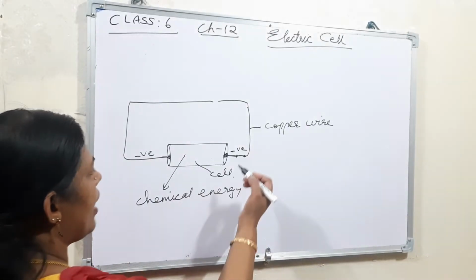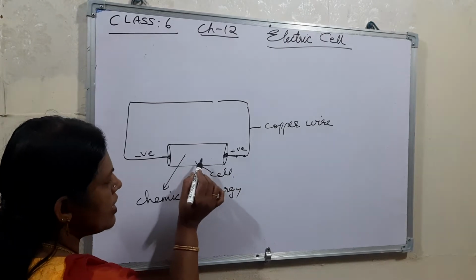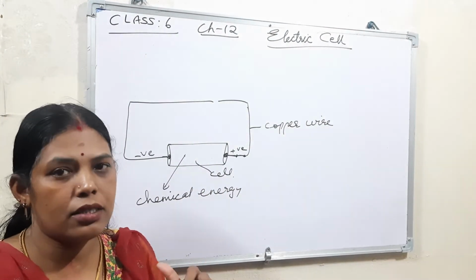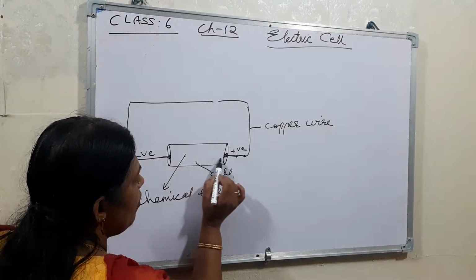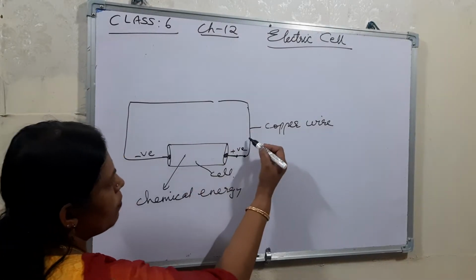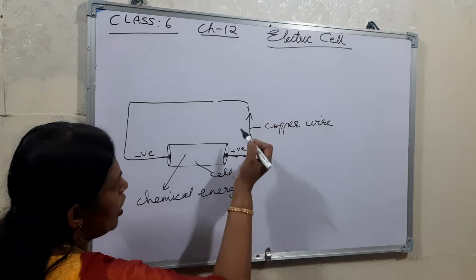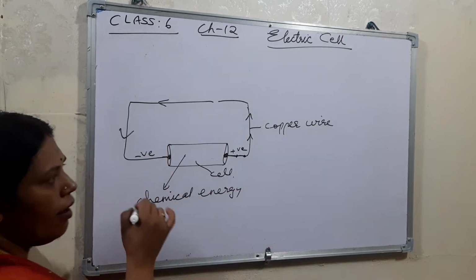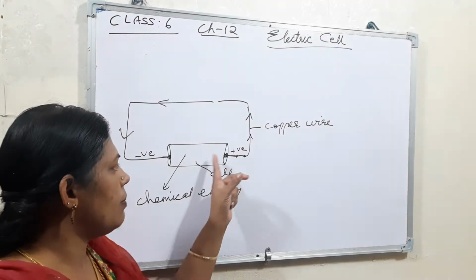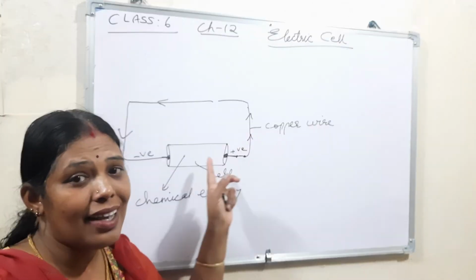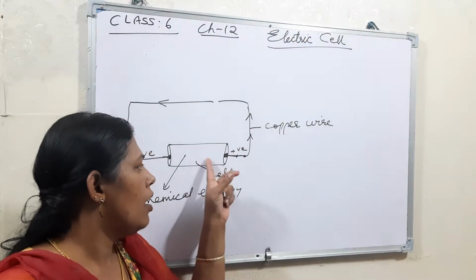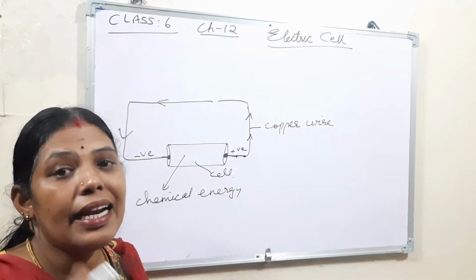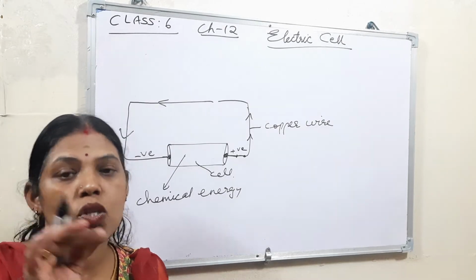At that time the chemical inside undergoes a reaction, and it flows from the positive terminal to the negative terminal. The electricity moving, that current flows, that means the chemical energy is converted into electrical energy when the switch is on.